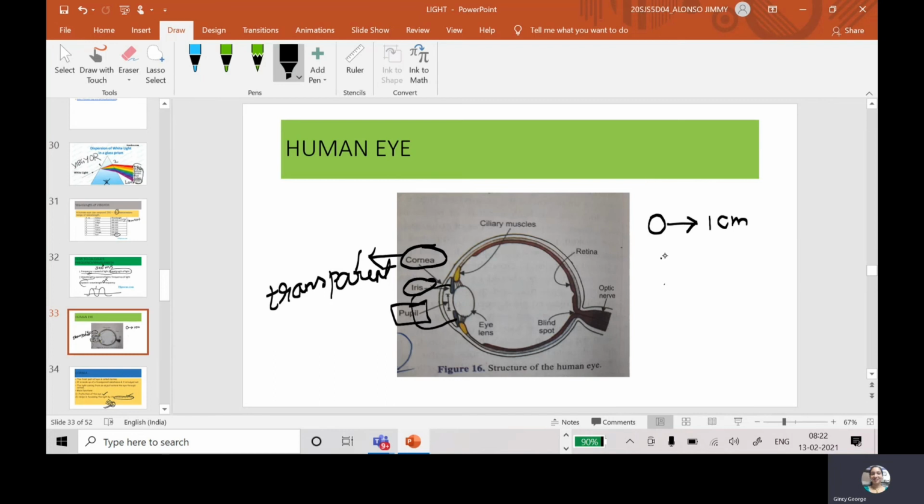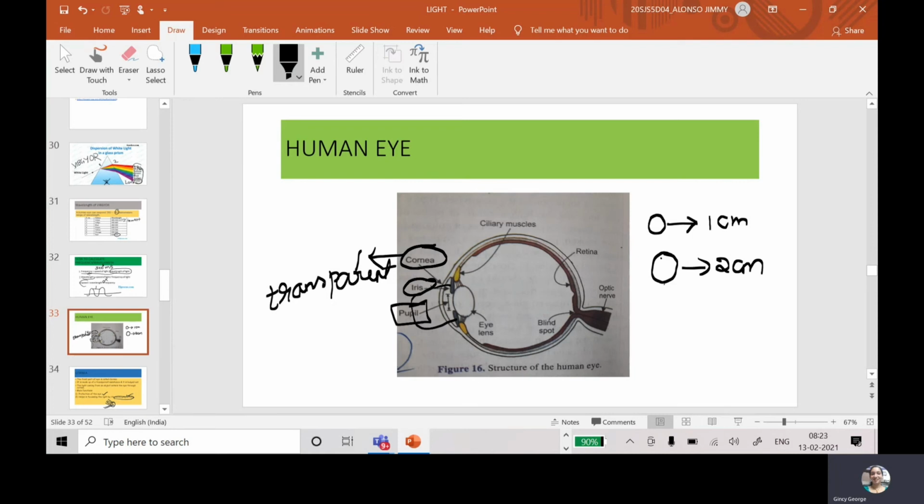If the iris expands and makes the pupil 2 or 3 centimeters, that much light can enter through the pupil. So the iris can control the size of the pupil depending on dim light or bright light. If a vehicle's headlight is directly entering your eye, what is the function of the iris at that time? The iris will reduce the size of the pupil so that only a small amount of light enters your eye and does not cause damage.